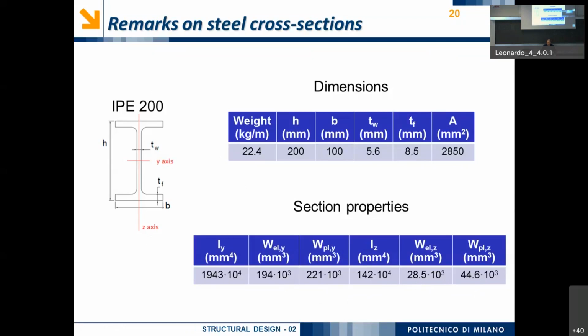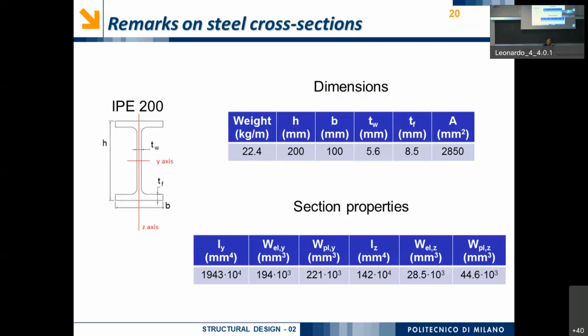Of course, since the value WPL and WEL are only depending on the geometry of the cross-section. In fact, you remember that in the case of a rectangular cross-section, WEL was BH squared over 6, and WPL was BH squared over 4.